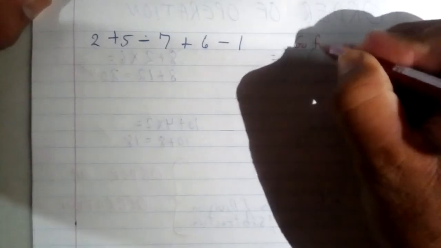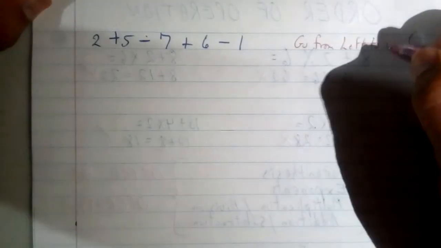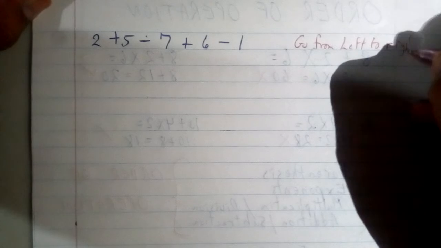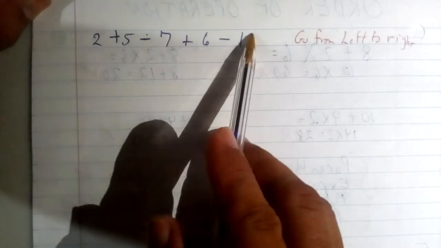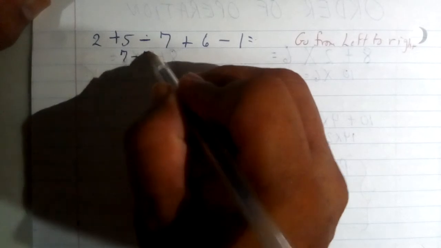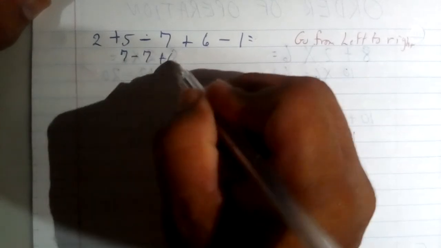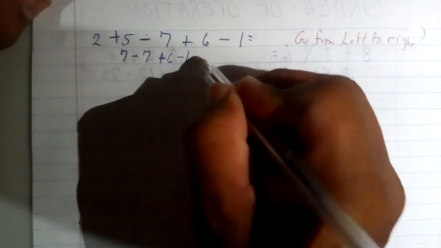Well, in this case, my advice, go from left to right. So that's how you're going to go. This is your left, you go working all the way towards your right hand side. So let's start. 2 plus 5 is going to give us 7 minus 7 plus 6 minus 1 equals.